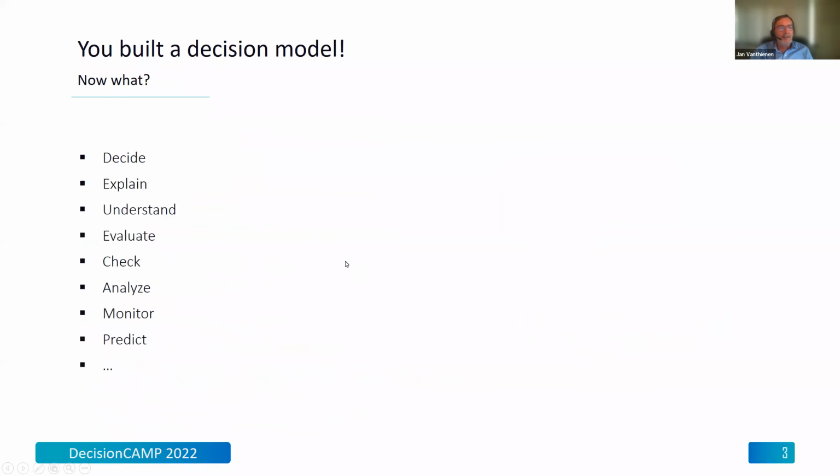So when you build the decision model, that was too soon. Assuming you can build one. Sometimes it's not finished. Sometimes you only have a list of decisions. That's even useful. Sometimes you only have a decision requirements diagram, but not the logic yet. That's already fine, but it's not complete, I would say. But you can still do some interesting things with it.